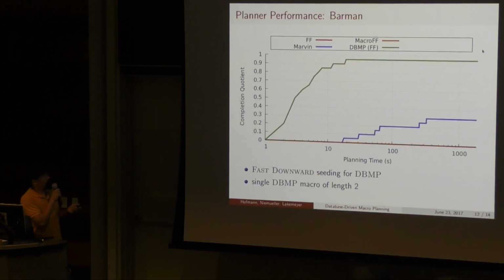And we can see that here DBMP performs much better, which has one simple explanation, namely that fast forward couldn't solve any of the problems, meaning that macro of F could also not solve any problems because it builds on top of this. And Marvin was able to solve some problems, but only with a much longer planning time.